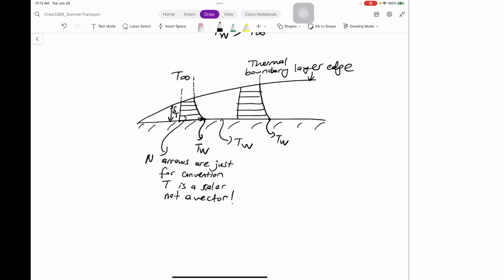Let's say no arrows. Okay, good. We corrected that.